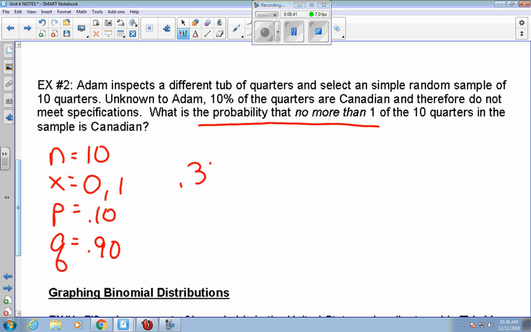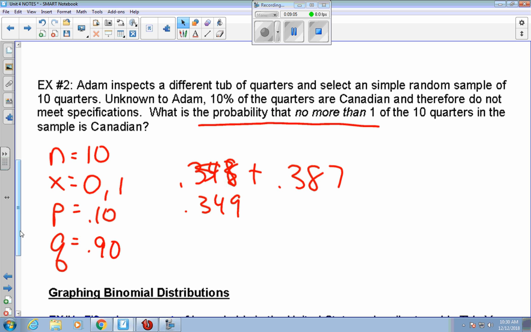So I got 0.348, and 0.387. Nope, 0.349. You have to round that 8. I got 0.38742 for the second one, right? Okay. And 0.34867, so 0.349.